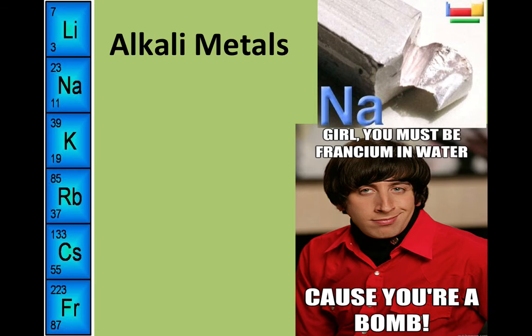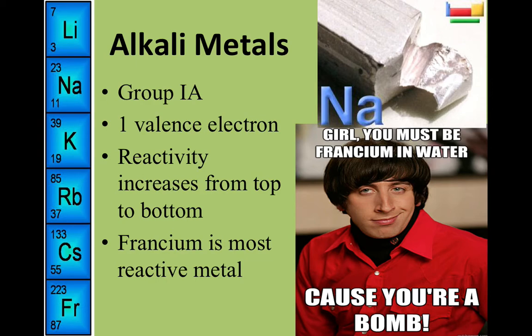So let's start with the very first one, which are the alkali metals. Alkali metals are in the very first group. Notice we do not have hydrogen included. Hydrogen is not a metal, and therefore all the elements in here have one valence electron in group 1A.